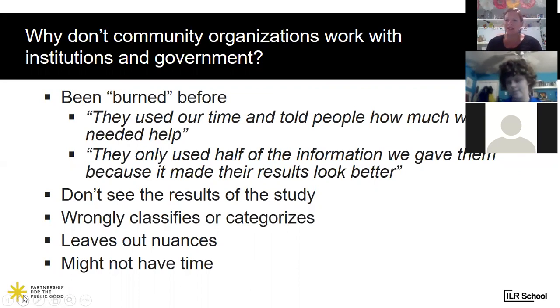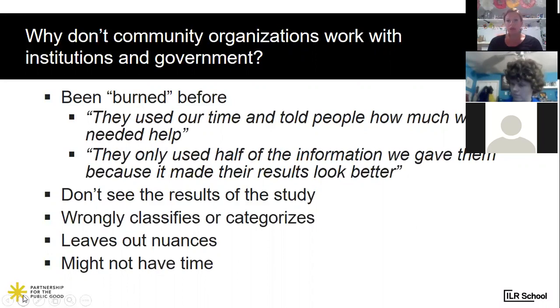So we don't really get a sense or understanding of, well, what does it mean for our community? And what does it mean for folks who live on a reservation or live and work in urban Indian communities? So as you think through your work, how can you make sure that you reflect the different populations that you're working with? So similarly, it leaves out some of the nuances.